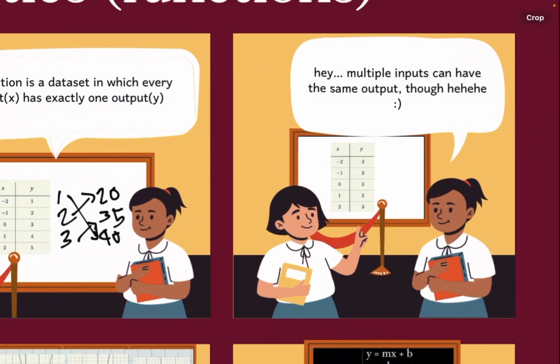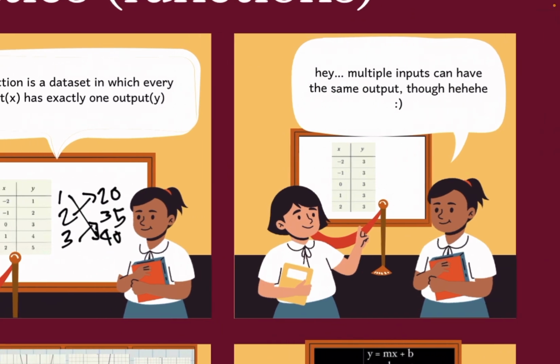So for panel 3, she is clarifying outputs. Connie explains an additional detail: multiple inputs can share the same output.